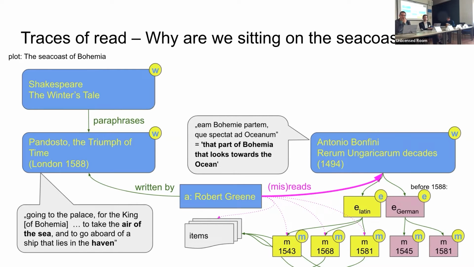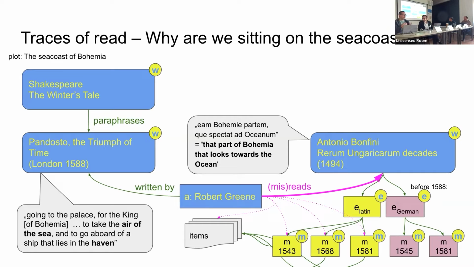That's one of the hypotheses, that there's a real Renaissance guy, who lived in the Renaissance age, so it's not a 20th century person, Antonio Bonfini, who wrote a book about the Hungarian history, and he wrote a half sentence about the part of Bohemia that looks towards the ocean.